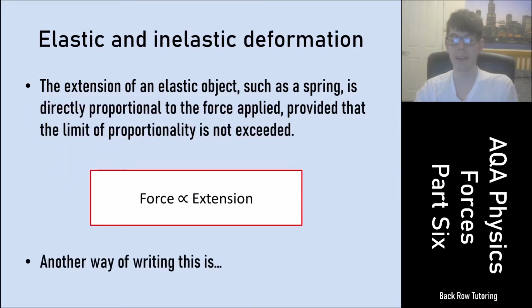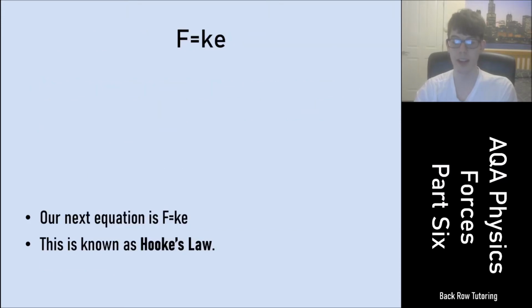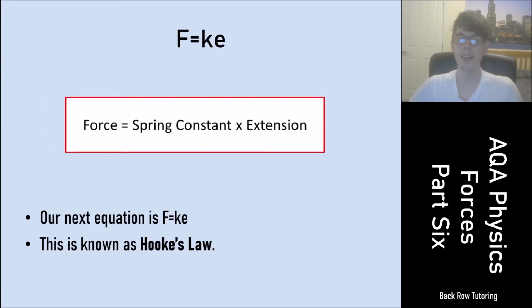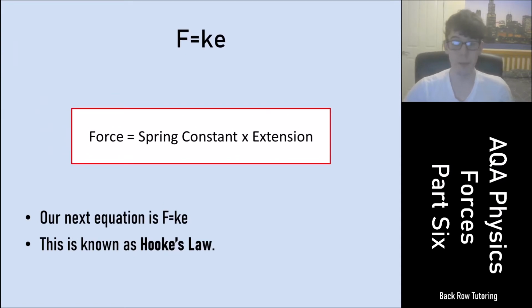Another way of writing that force is proportional to extension is the following equation. Force is equal to the spring constant multiplied by the extension, where the force is measured in newtons, the spring constant is measured in newtons per metre, and the extension is measured in metres. And this is known as Hooke's law, and you do need to know that.